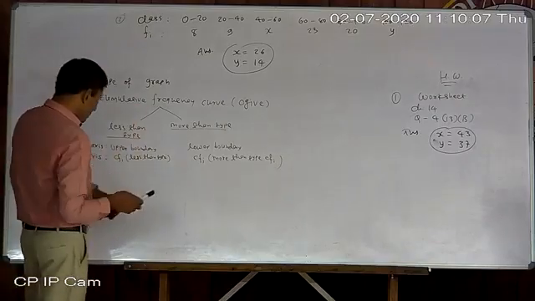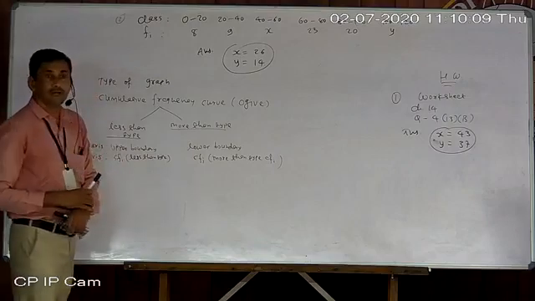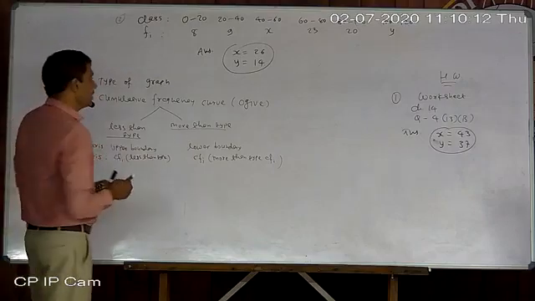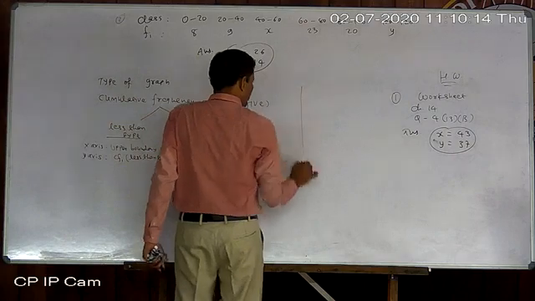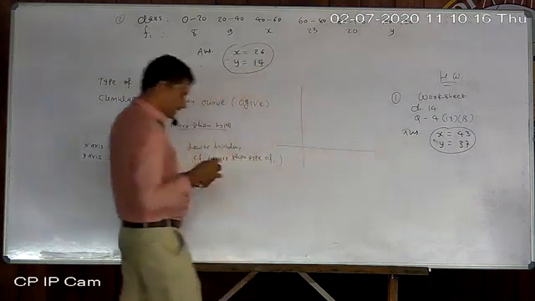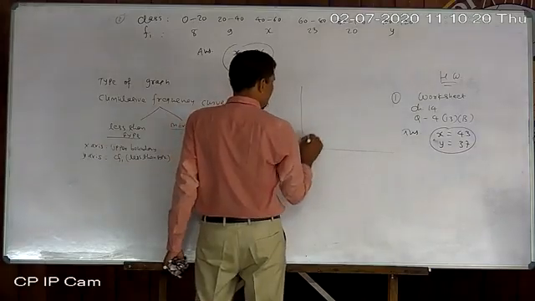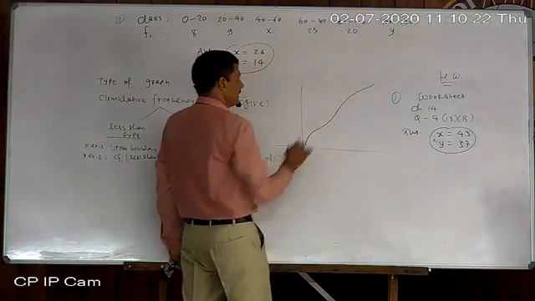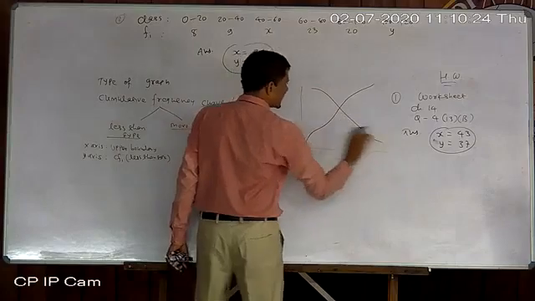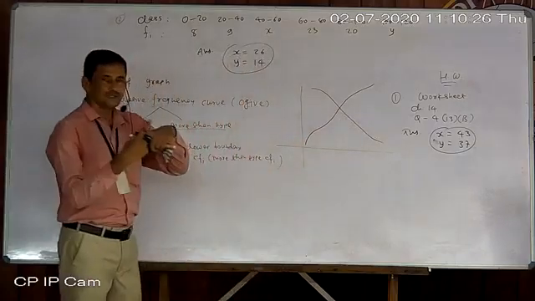Sometimes a graph is given, roughly, showing both less than type and more than type. Suppose the less than type graph is just like that, and the more than type graph is just like that. They cross at one point.